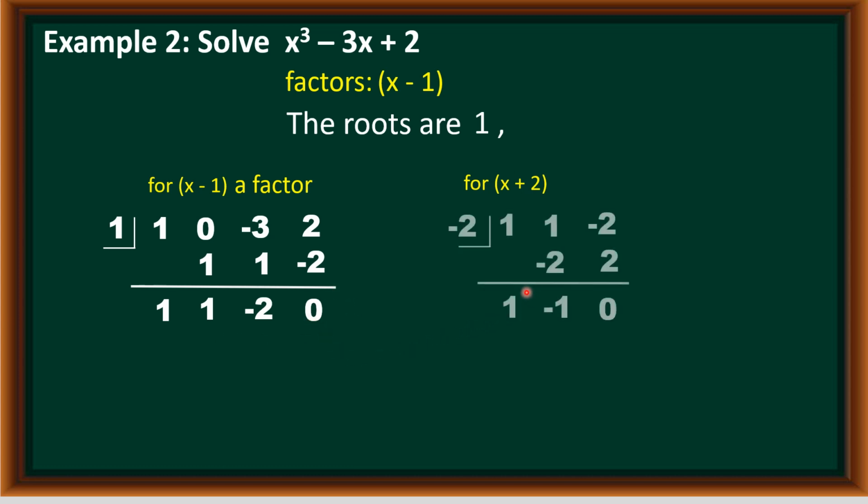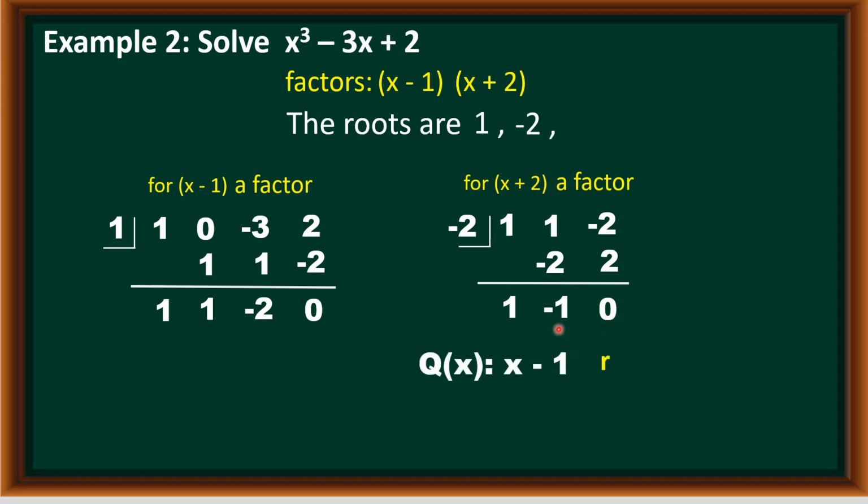For x plus 2, ayan, nag-0 ulit yung ating remainder. Therefore, x plus 2 is a factor. Ayan. If x plus 2 is one of the factors, yung root niya naman ay negative 2. Now, kung ganito na lang yung ating equation na natitira sa synthetic, pwede ulit tayong mag-second depressed equation. Pero pinakamadali ganito. Diba, ito yung remainder, ito yung may constant. Ayan. Ito naman yung may x to the first power.